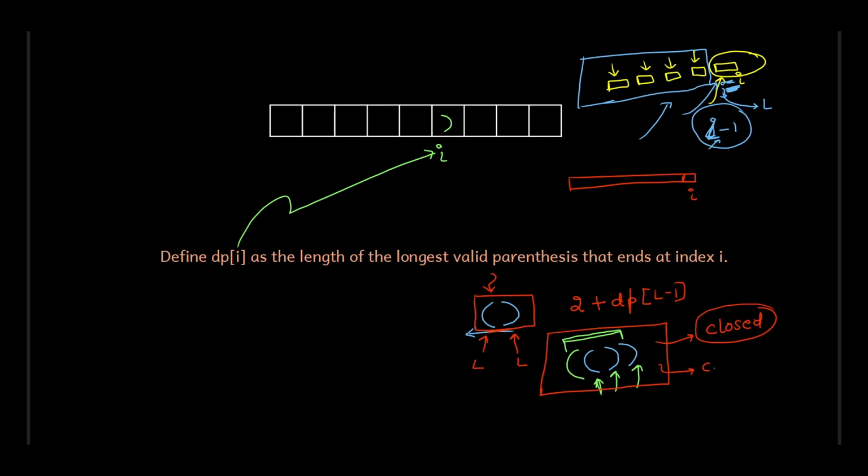It means that all the opening and matching pairs are present inside this bucket only. So you can define it as a cover. Cover basically means that for all the closing brackets that you have, the corresponding opening bracket should also be in your cover. So if this is your index I and this is your index L, then your answer would be 4 plus dp of L minus 1.